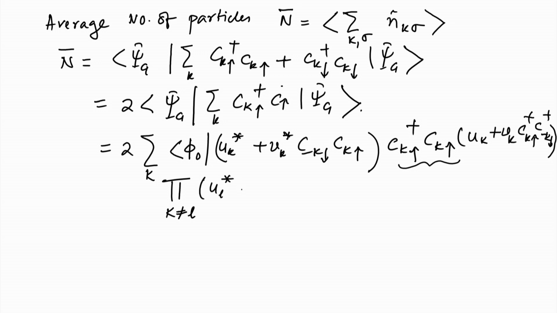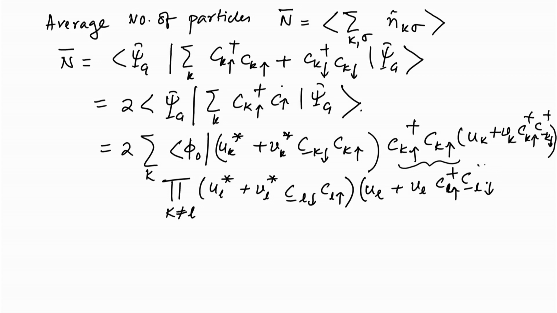So, u_L star plus a v_L star c_minus L down c_L up, and now I will have a u_L plus a v_L c_L up dagger c_minus L down dagger, and there is a phi 0 here. Okay.